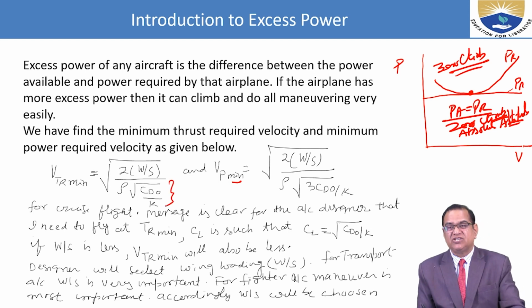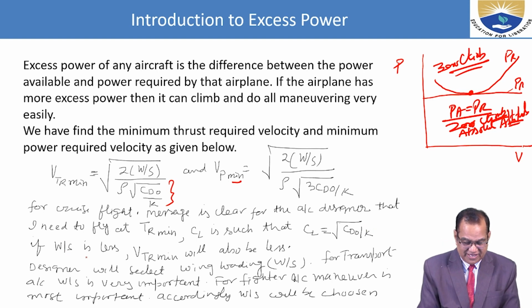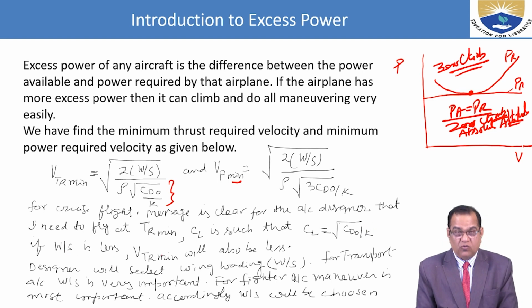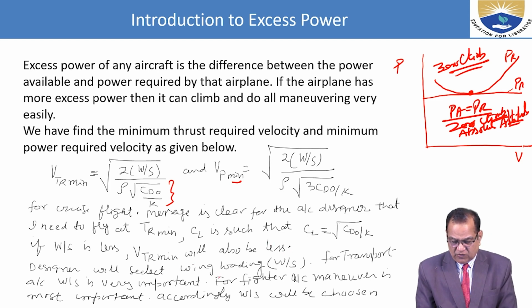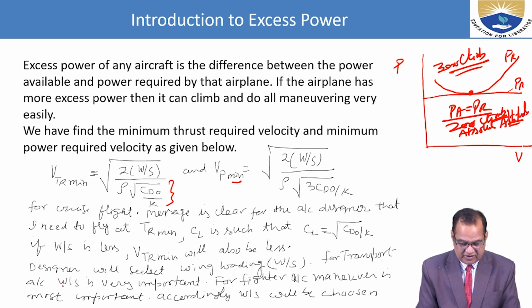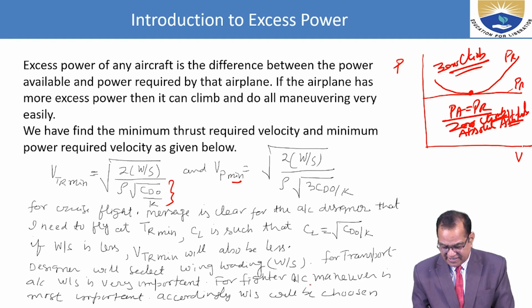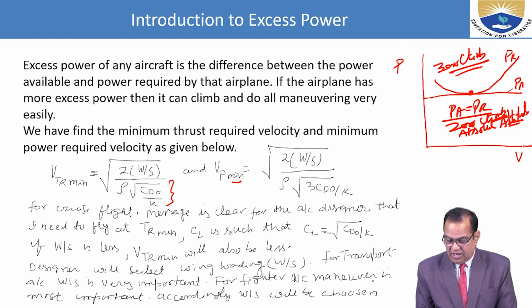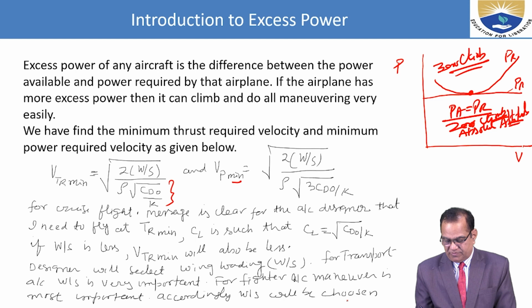If W by S is less, VTR minimum will also be less. The designer will select wing loading W by S for a transport aircraft, whereas W by S is very important for the fighter aircraft, because maneuver is the most important parameter. Accordingly, W by S will be chosen.